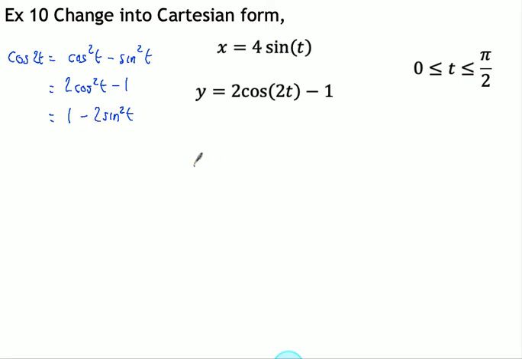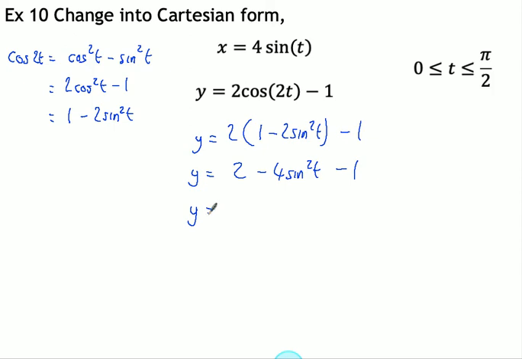So now we can actually start to work with this a little bit more. So y is equal to 2 lots of 1 subtract 2 sine squared t, subtract 1. Let's expand that and tidy it up. Lovely.